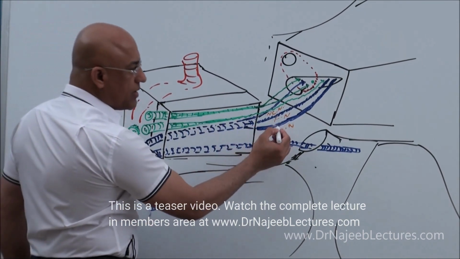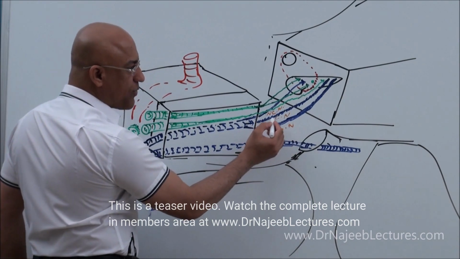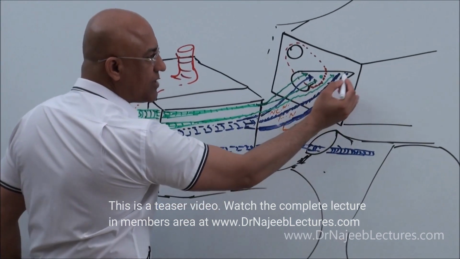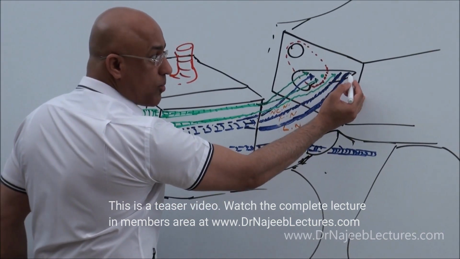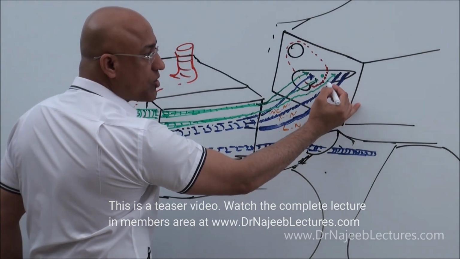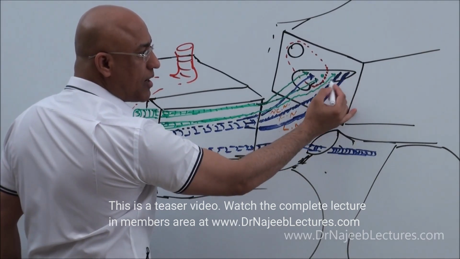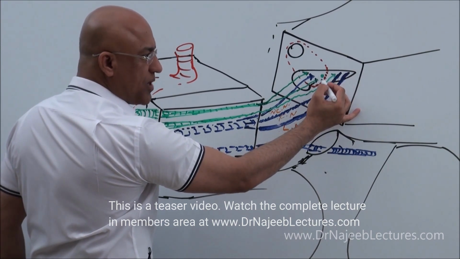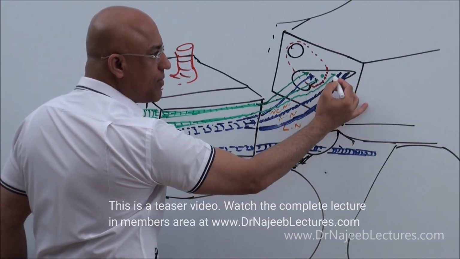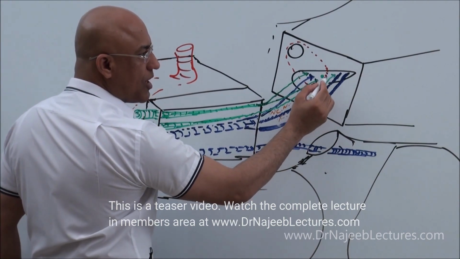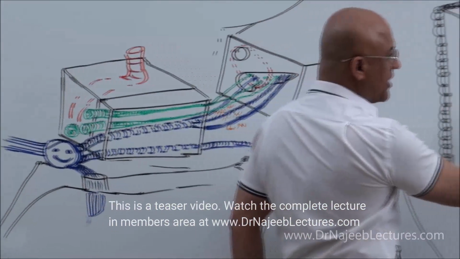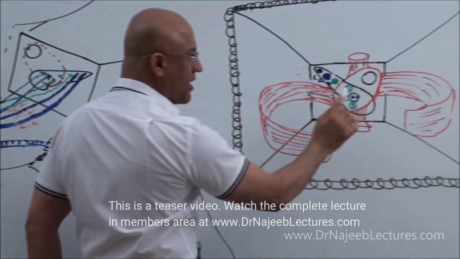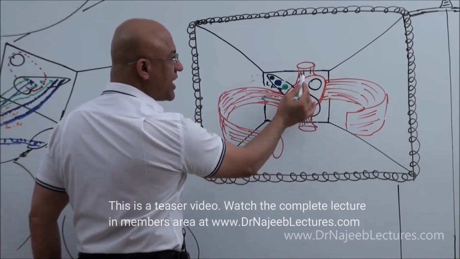Now, lacrimal nerve and frontal nerve pass and enter into the orbit through the lateralmost part of the superior orbital fissure, which is outside the common tendinous ring, along with which nerve? Trochlear nerve. LFTs.